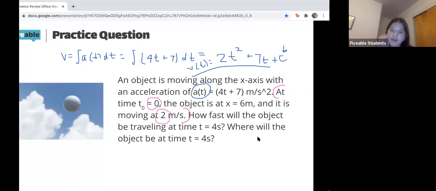You will also end up with a c. You use your given: when t is 0, x is 6. Every time you see t, put in a 0, and you should get that c is equal to 6. You get your official position function, you plug in 4, and you should get your answer.